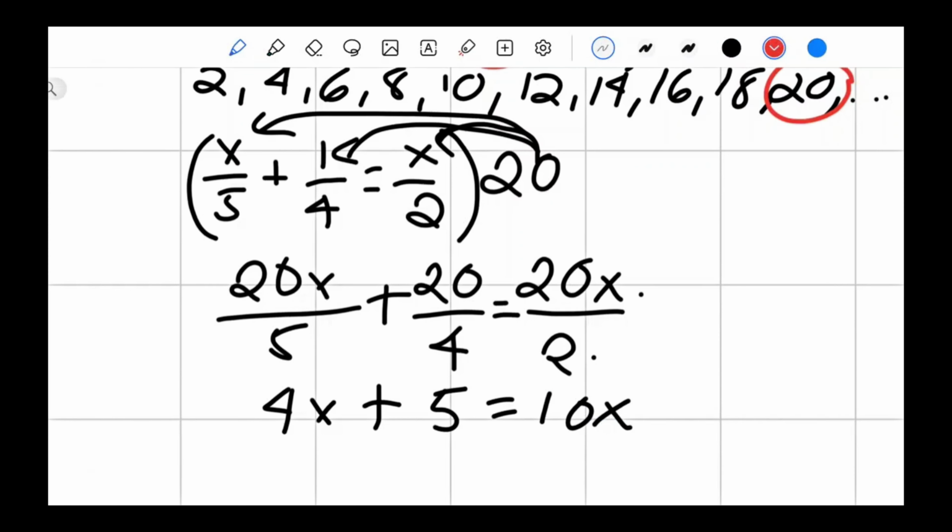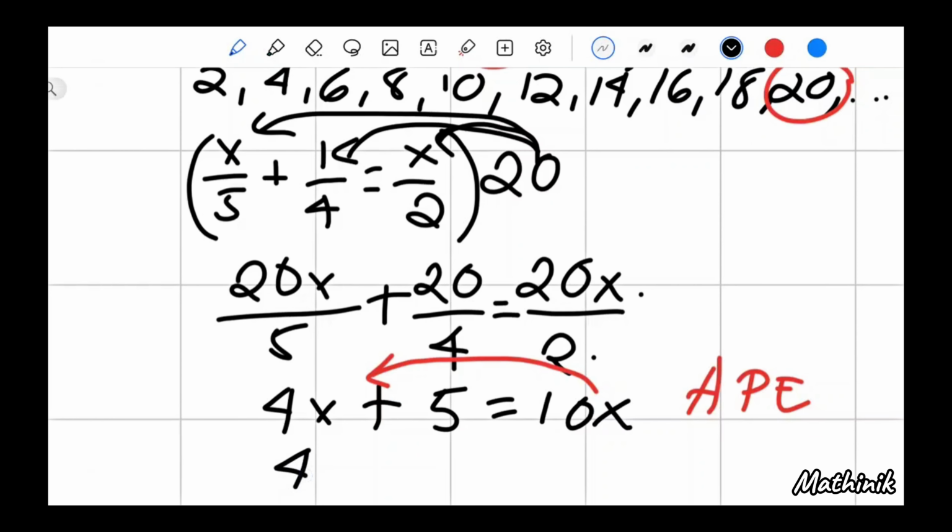Next, we will apply the addition property of equality. And using that, this 10x, we will combine it to 4x. Okay, so it will become 4x minus 10x. Look at the sign, it changed from positive to negative or minus.